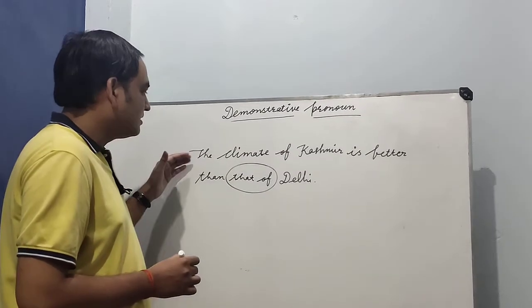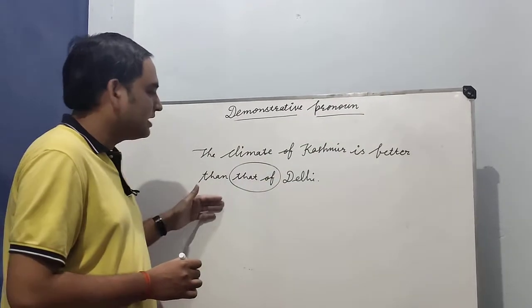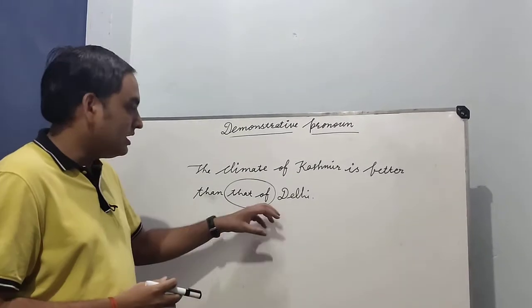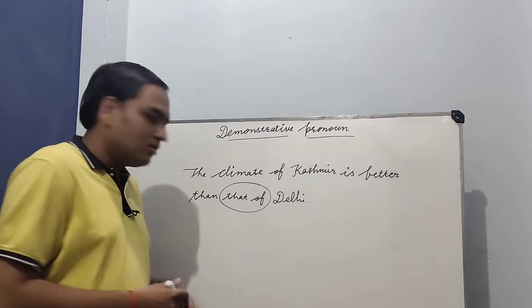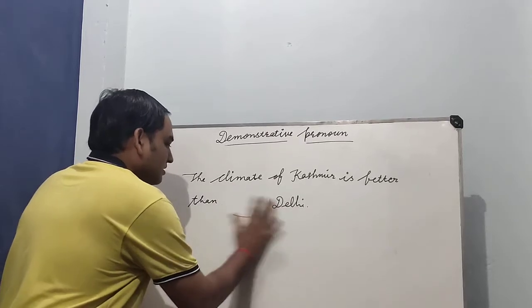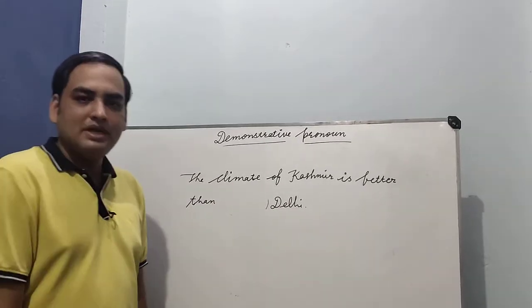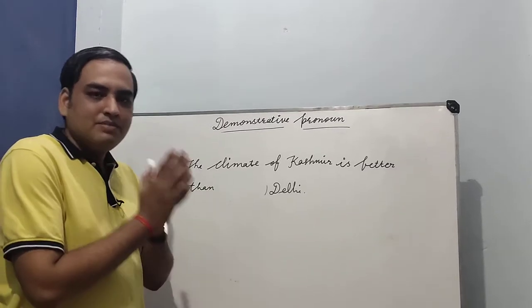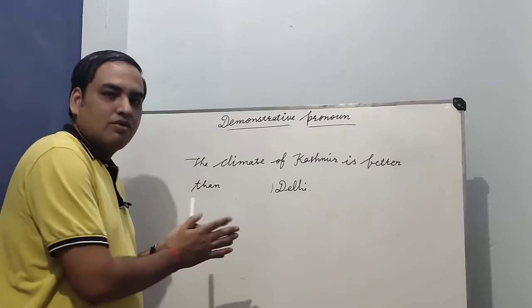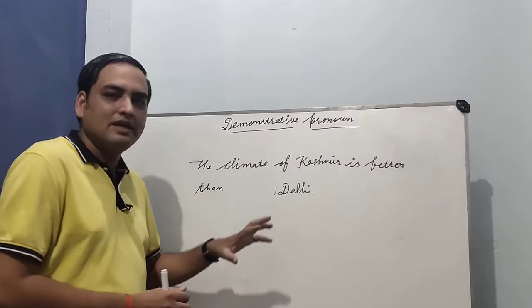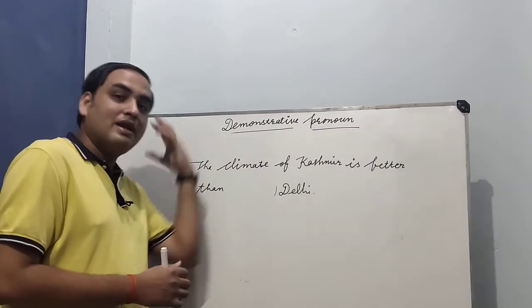What does it mean? The climate of Kashmir is better than that of Delhi means कश्मीर का क्लाइमेट दिल्ली के क्लाइमेट से अच्छा है. If I remove this word, then what will be the meaning? The meaning will be futile here. The sentence will be meaningless. The climate of Kashmir is better than Delhi. It means Kashmir का climate Delhi से better है.